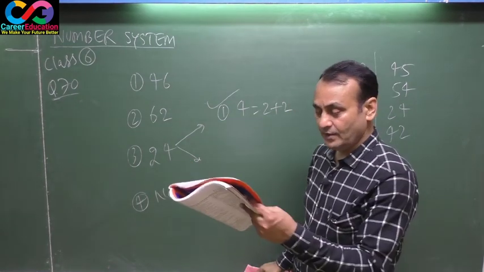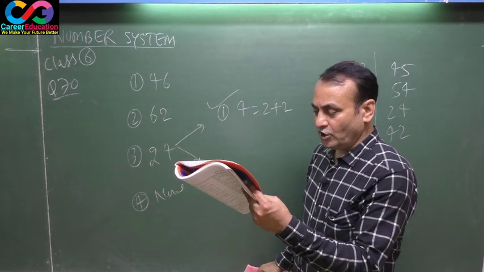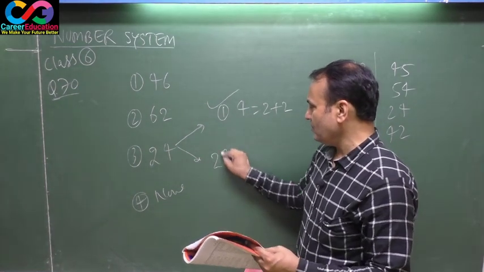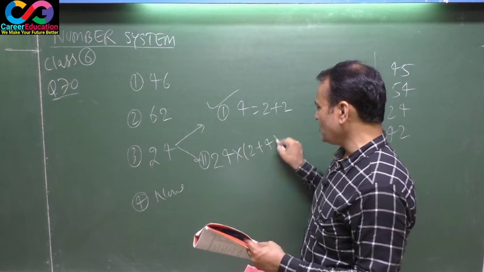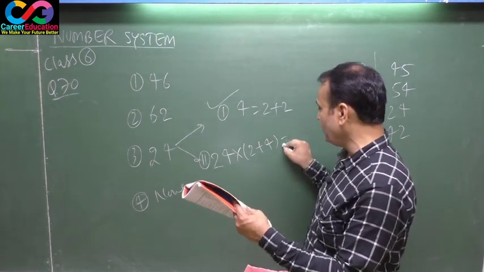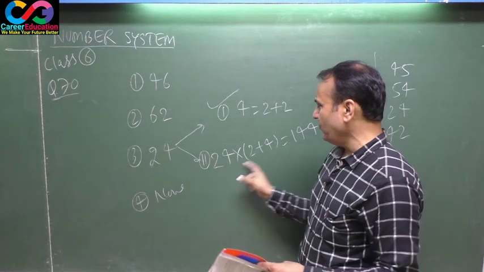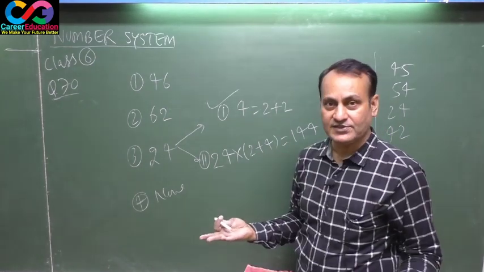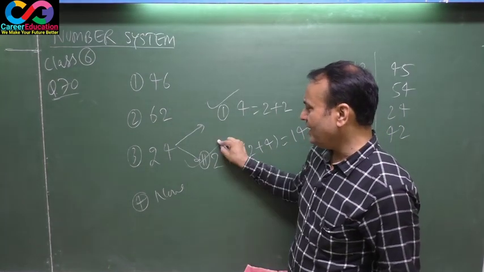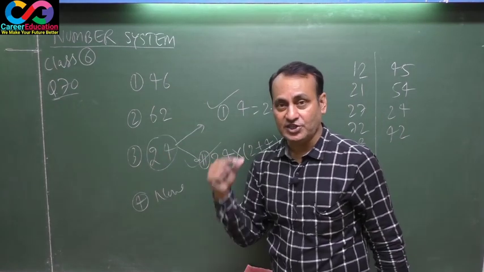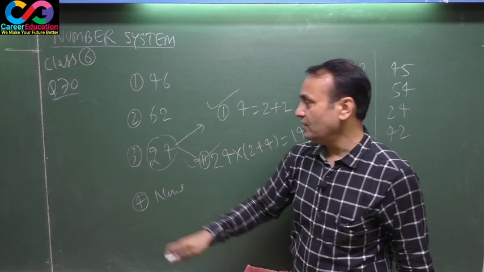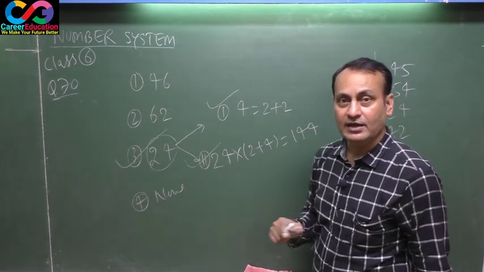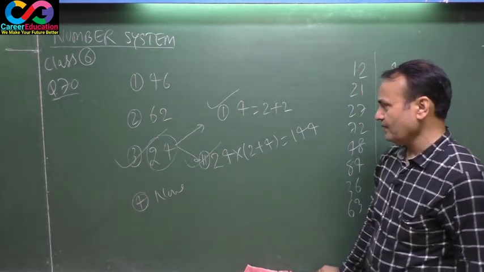And see here, the second point, the product of the number 24 and the sum of digits is 144. This is also correct. 24 into 6 gives 144. That's why this is such a two-digit number that accepts both the matters told in the question. That's why this is your final and correct answer. Note down.